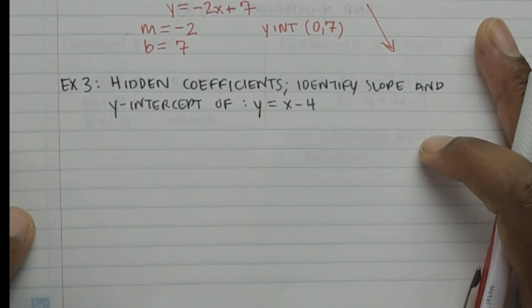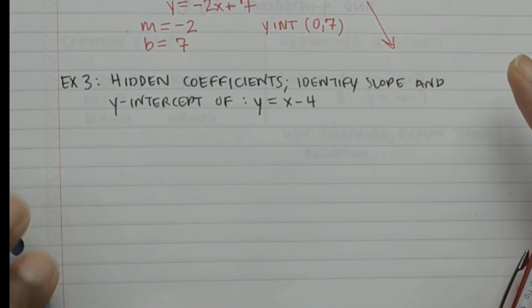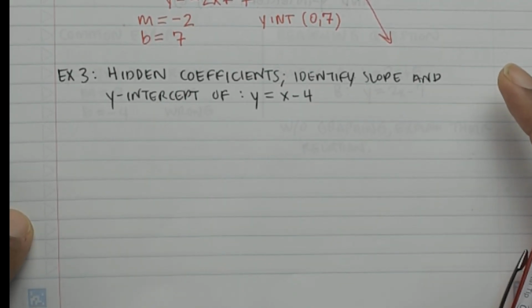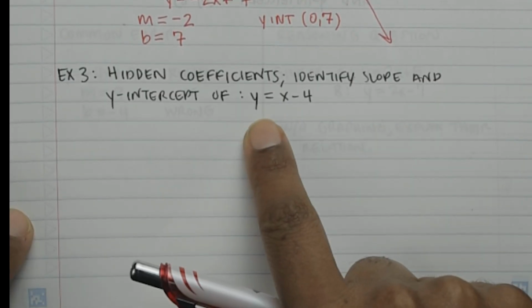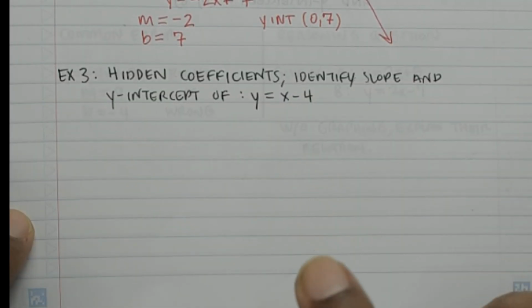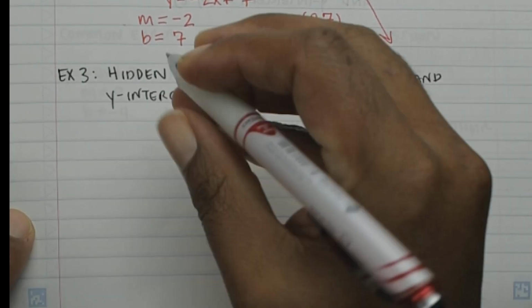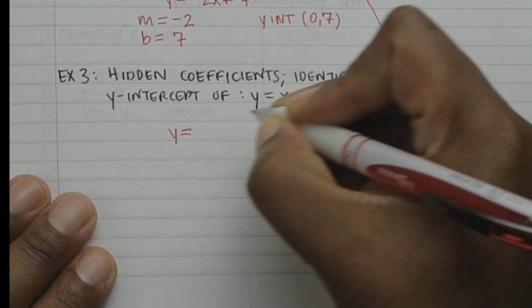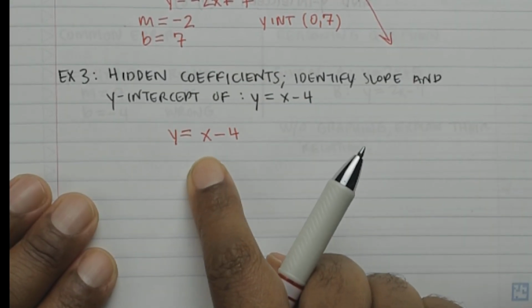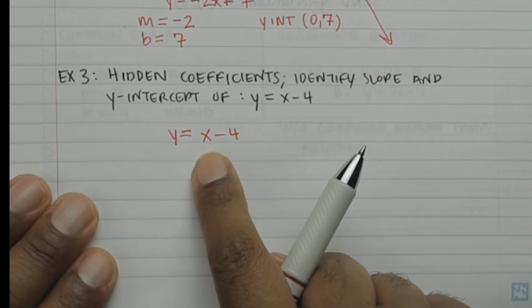Example number 3. This question deals with hidden coefficients. Identify the slope and the y-intercept of y equals x minus 4. Now, there is no visible number in this equation. But notice we have no visible number there.